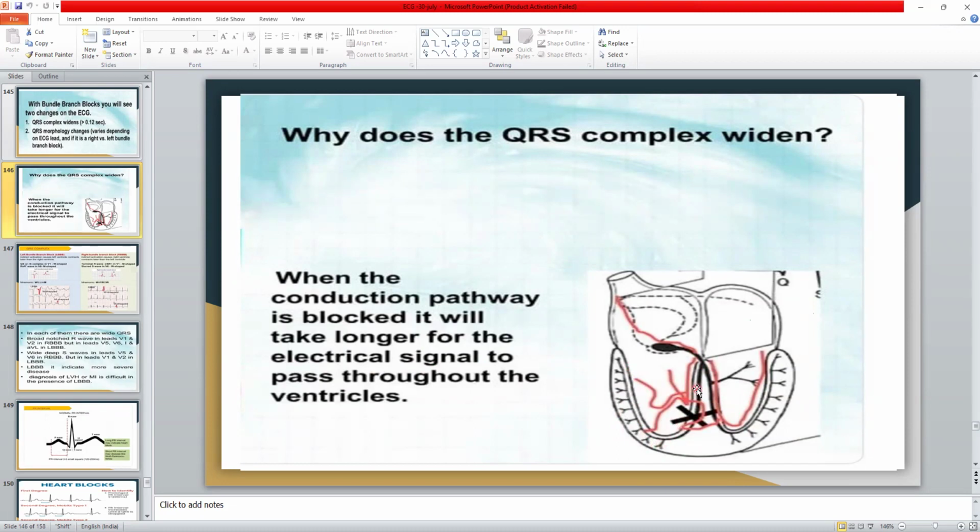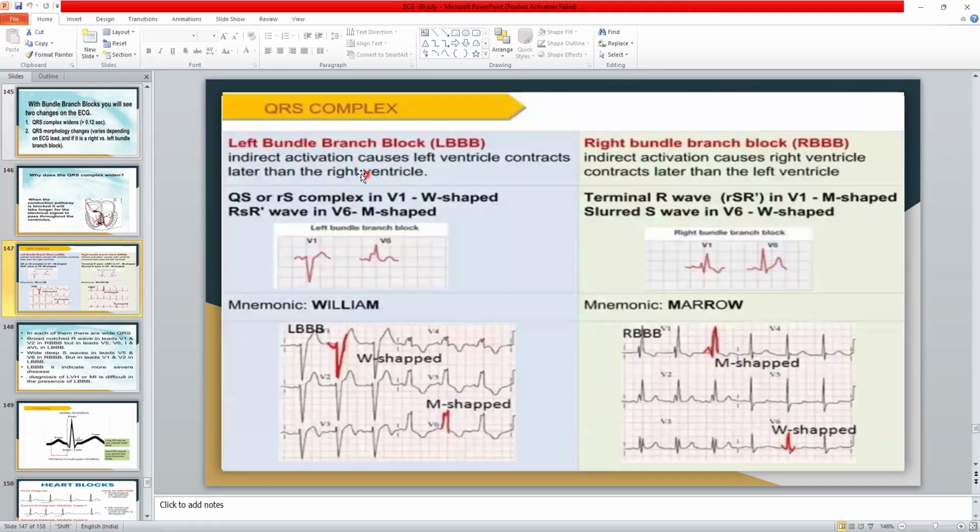If it is right bundle branch block, there will be longer time for the electrical signals to pass through the right ventricle. If it is left bundle branch block, it takes longer time for the signals to pass through the left ventricle. So, in left bundle branch block, there is indirect activation causing the left ventricle to contract later than the right ventricle.